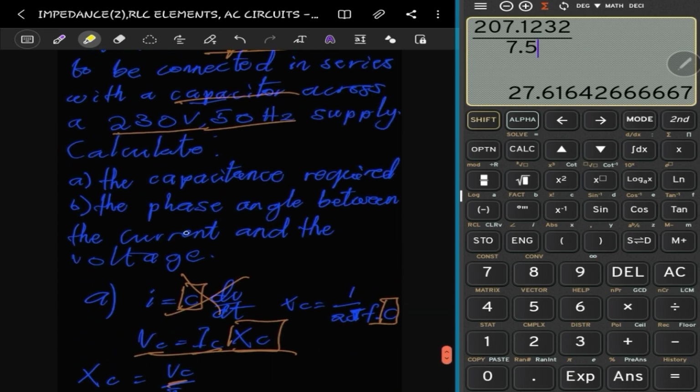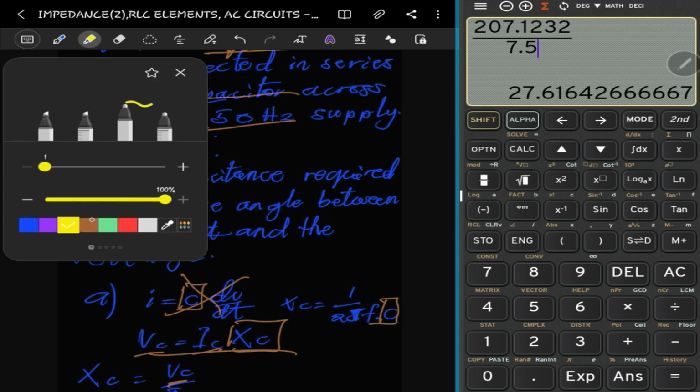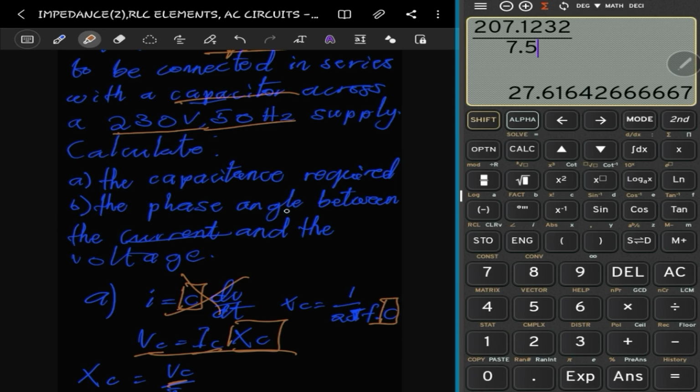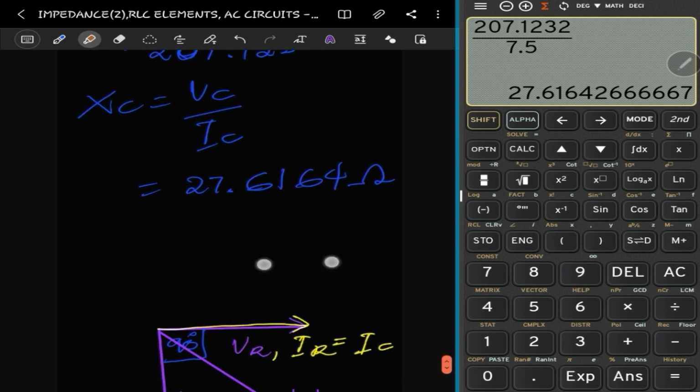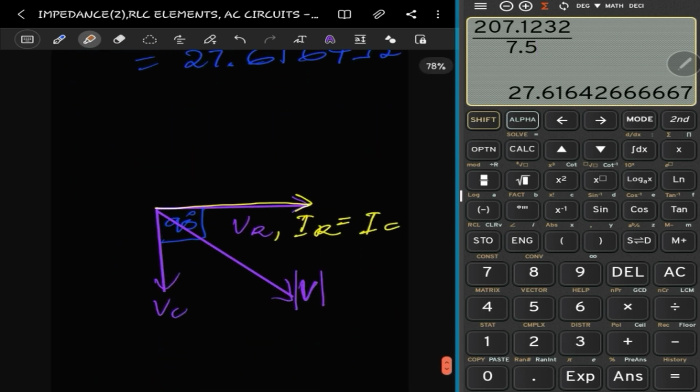So it says the phase angle between the current and the voltage, right? And the voltage that they are referring to is not specifically the voltage across the resistor or the voltage across the capacitor, but the voltage from the supply, because that's the only main voltage source here.